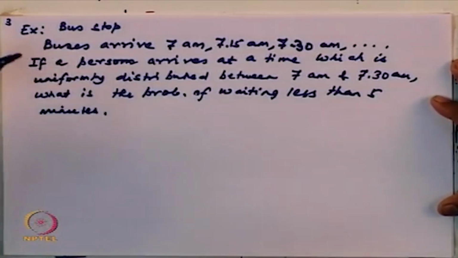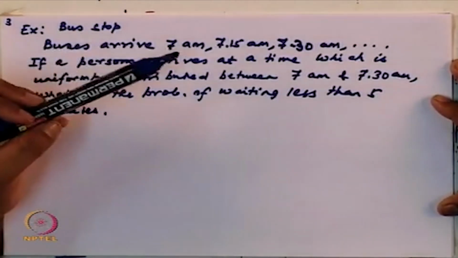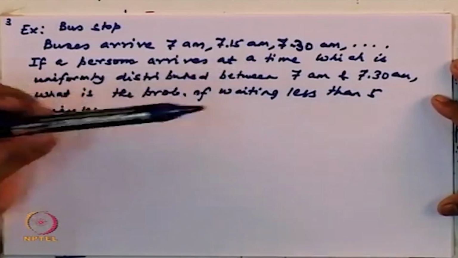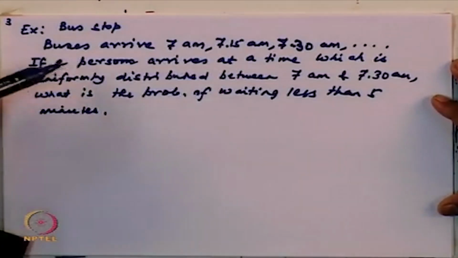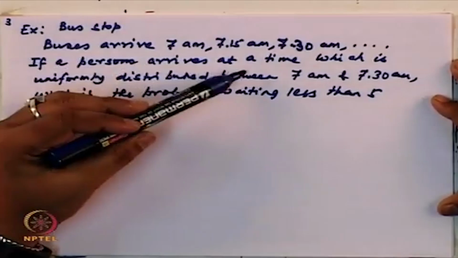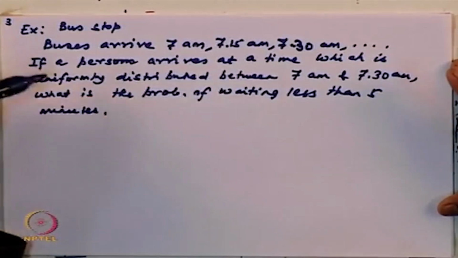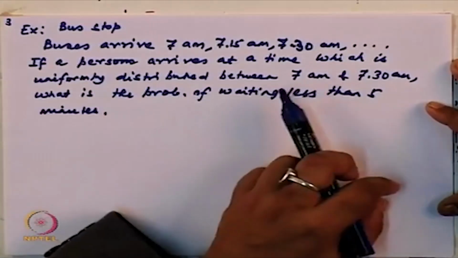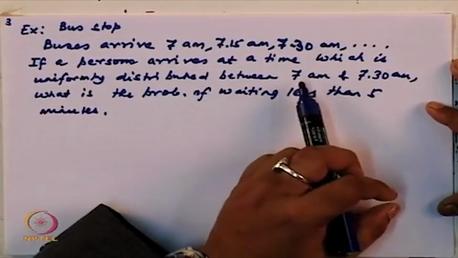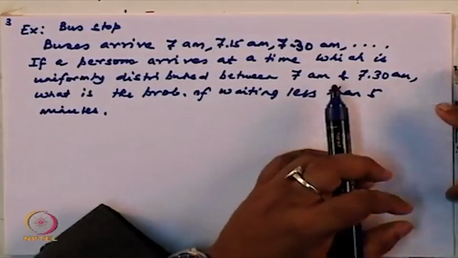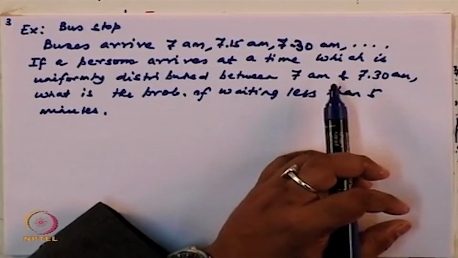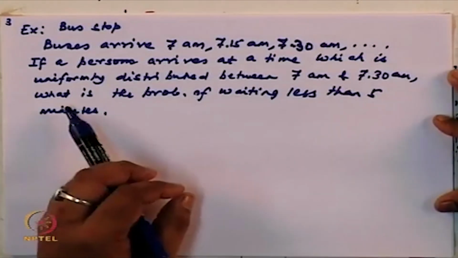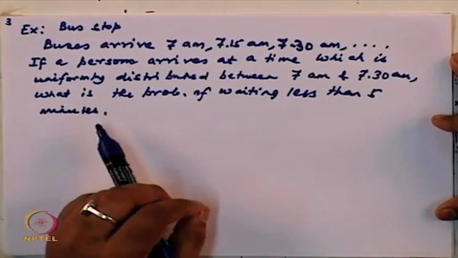Let us read the problem. The buses arrive every 15 minutes, so 7, 7:15, 7:30, and so on. The person arrives at a time which is a random variable uniformly distributed between 7 and 7:30, which means the person has equal chance of arriving at any time from 7 up to 7:30. What is the probability of waiting less than 5 minutes?